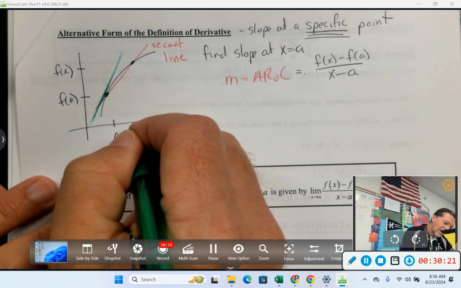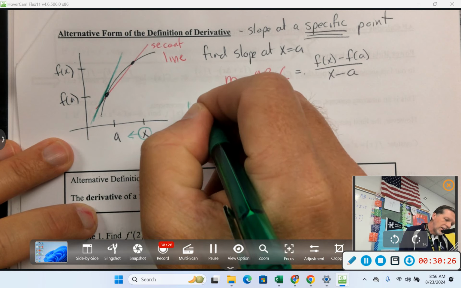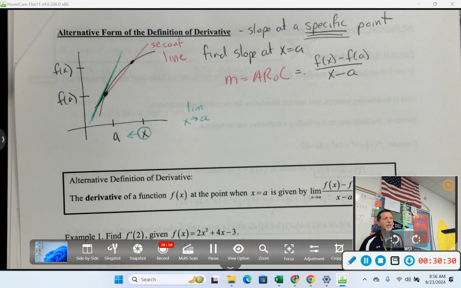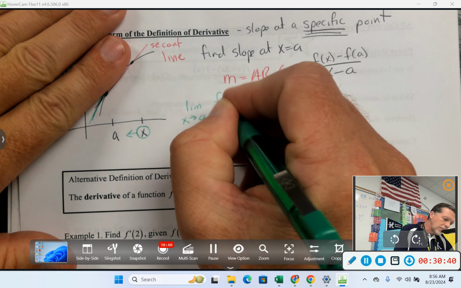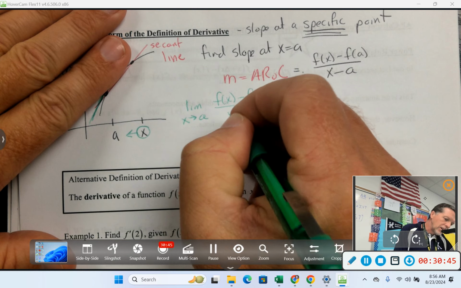Closer to A. And if we're moving stuff, well, we may as well take the limit as x approaches A. So let's get x really close to A. And like the concept is the same. We shrink down that delta x, and we get our secant line to get closer to our tangent line. This stuff is still the same. It's still the same formula. It's just there's a limit on it now.